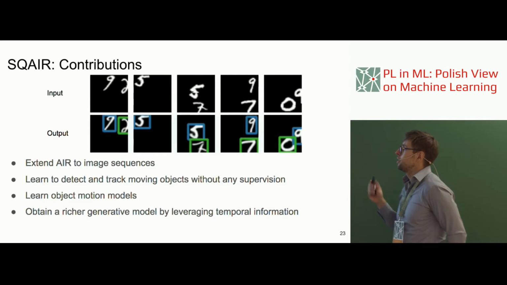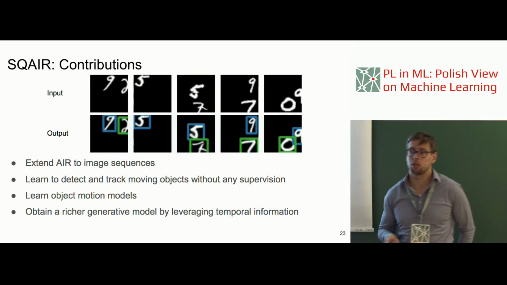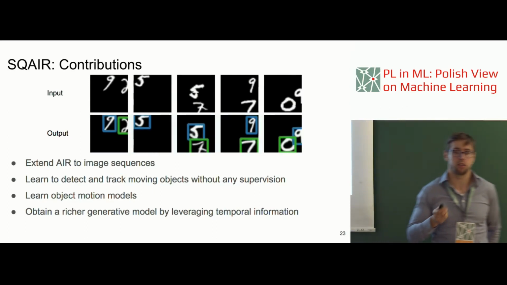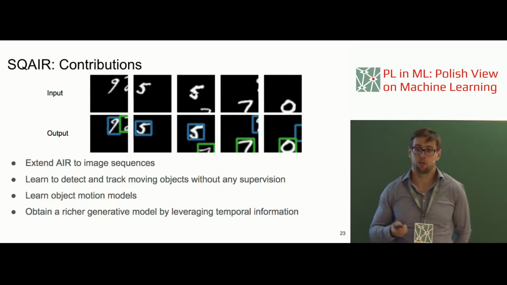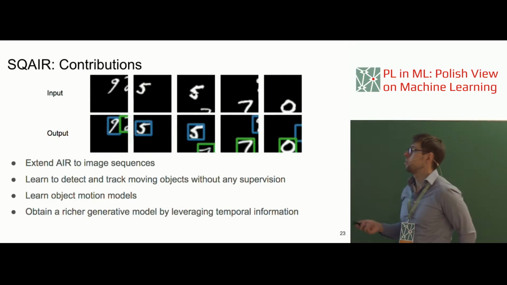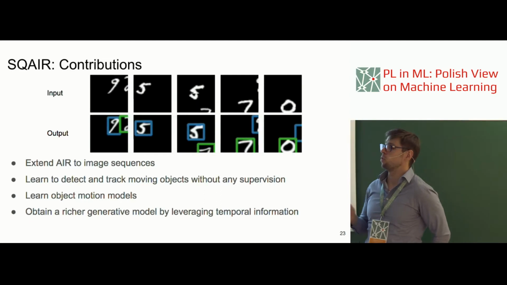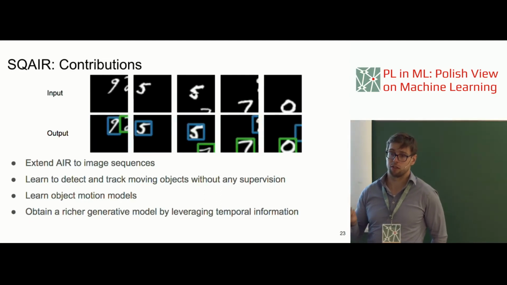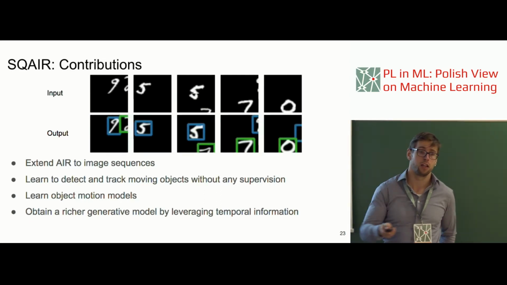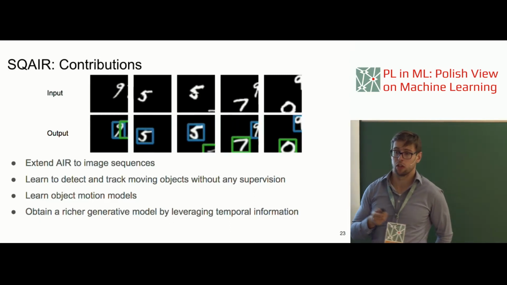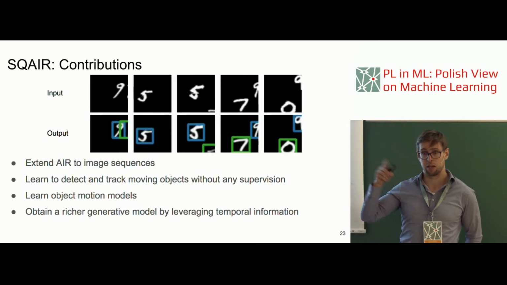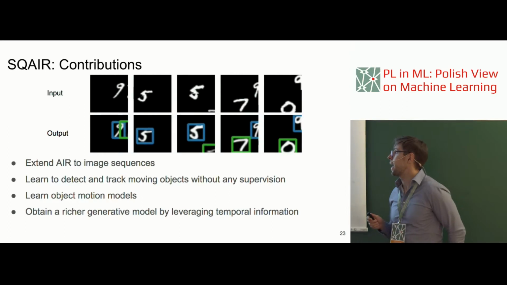So again, here in the top row, we have an input to the model, which contains sequences of moving 1 or 2 digits on black background, which is very simple, and we have some outputs, which are the reconstructions produced by the model with marked bounding boxes that are basically decoded from the AIR variable for every object.